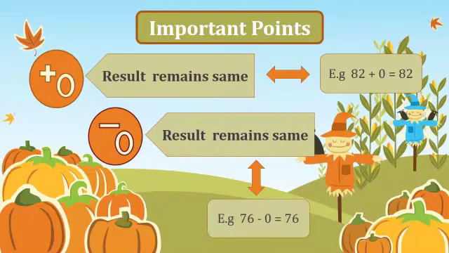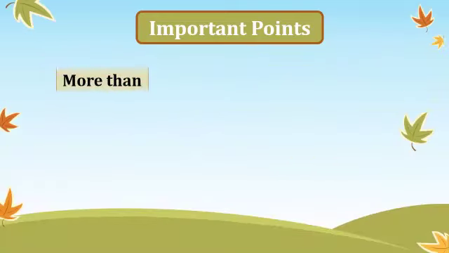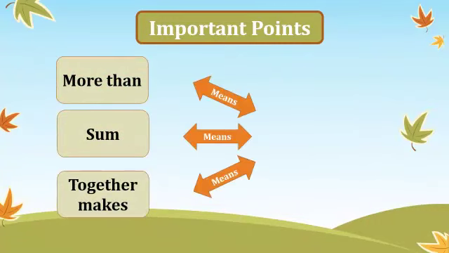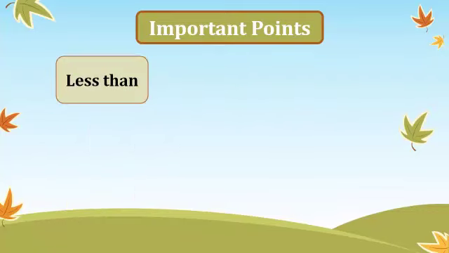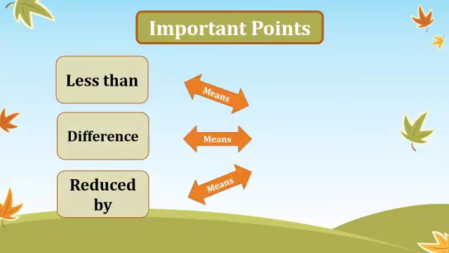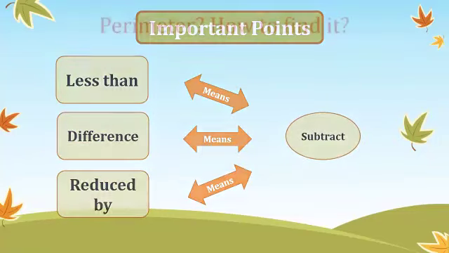For example, 76 minus 0 is equal to 76. Also note that more than, sum, and together means that we have to add. Similarly, less than, difference, and reduced means we have to subtract.